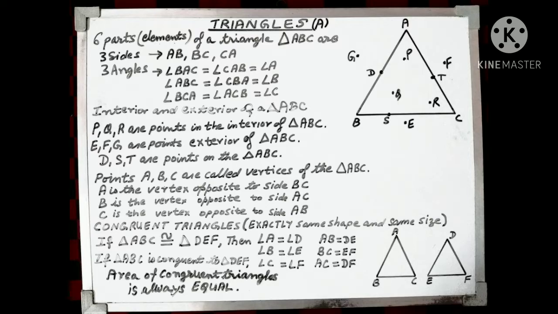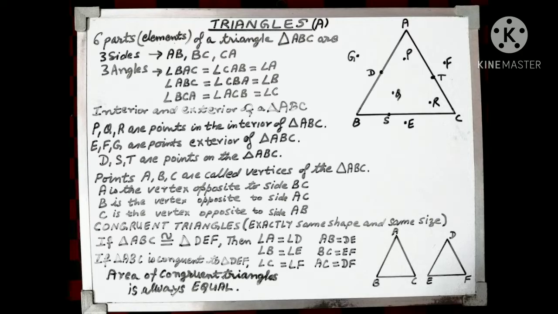Next thing to understand is congruence. Congruence means a carbon copy, exactly the same shape and same size. When we say we have 2 congruent triangles, they are exactly the same in shape and size.